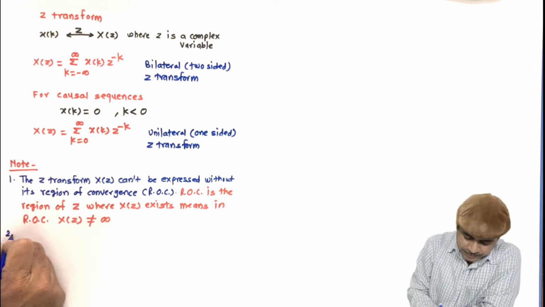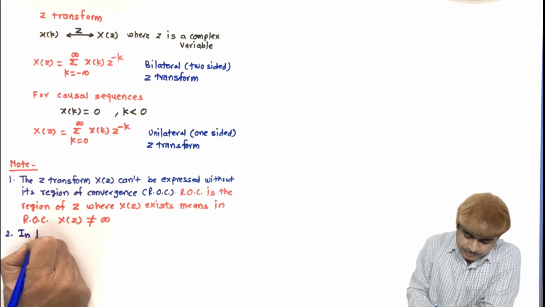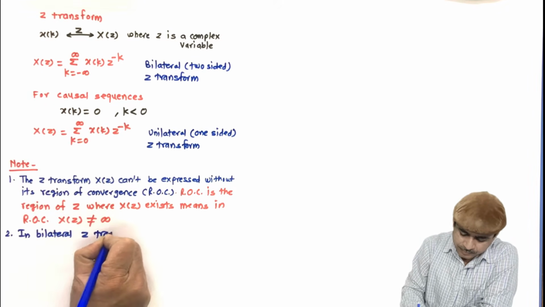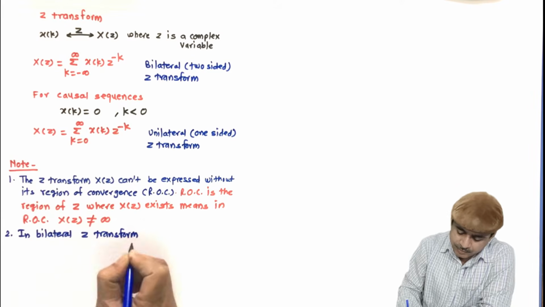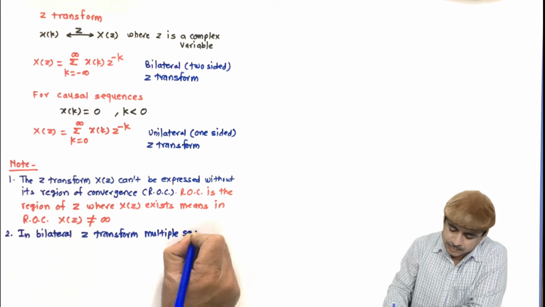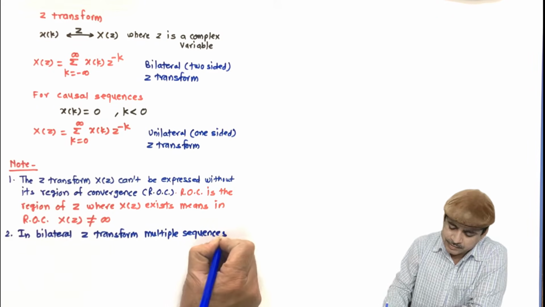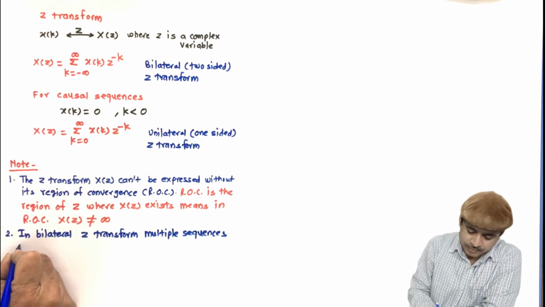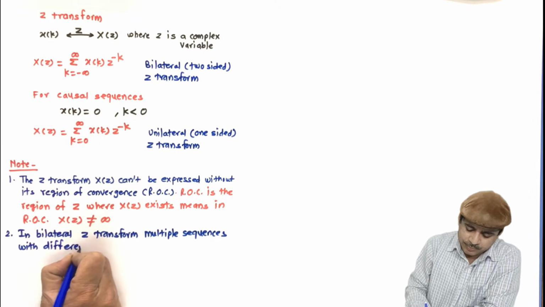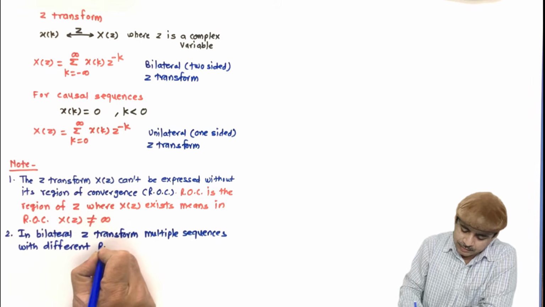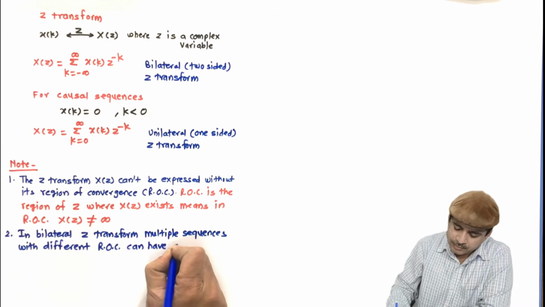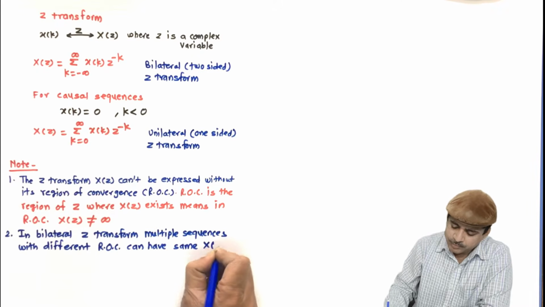Now the next point is, in bilateral Z transform, multiple sequences with different ROC can have the same x of z function.